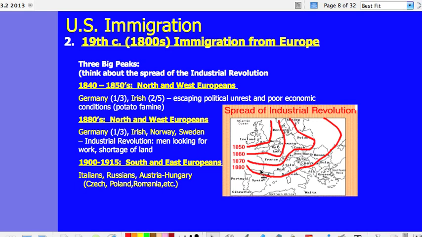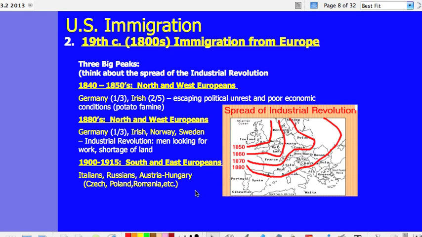And then as the wave of Industrial Revolution spread even further south, we see people from Europe coming during this last peak, the end of the 19th century, kind of moving into the 20th century, early 1900s. We see people coming from South and East Europe.